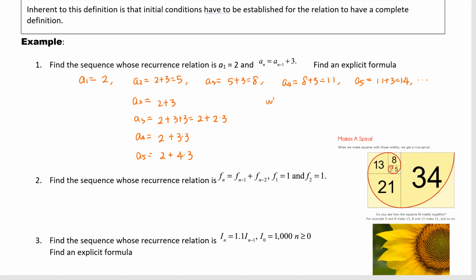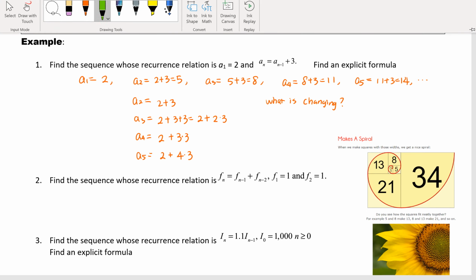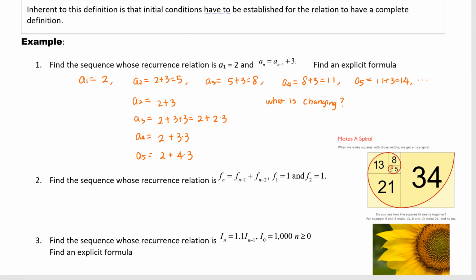And then we want to ask what is changing. You can see the number of copies of 3 we add is changing. This 2 and this 3 stay the same. So in general, a_n is 2, which stays here, and then when the index is 4, the number of 3s is 3.